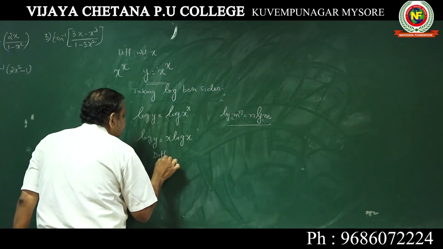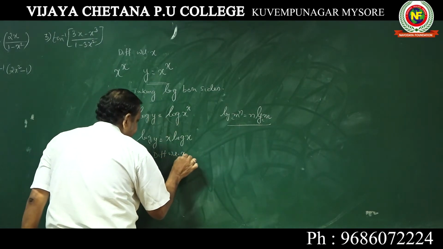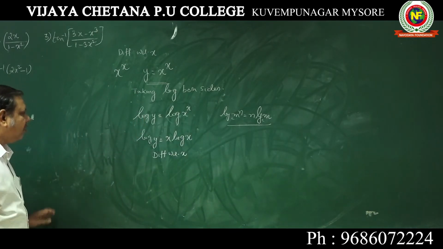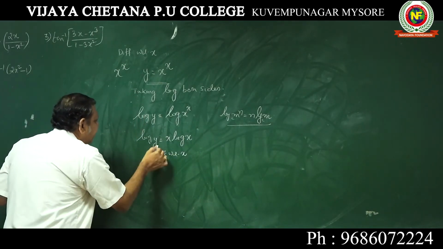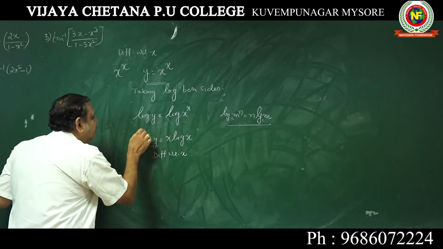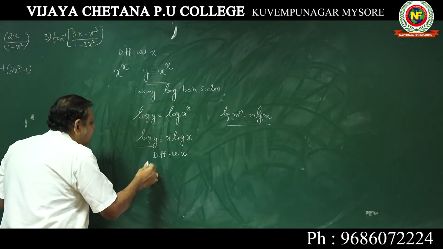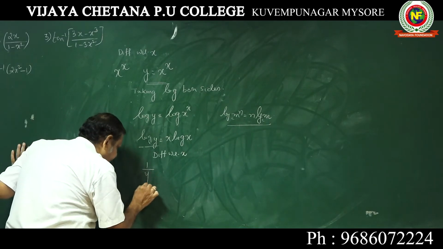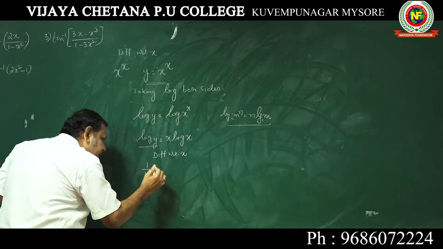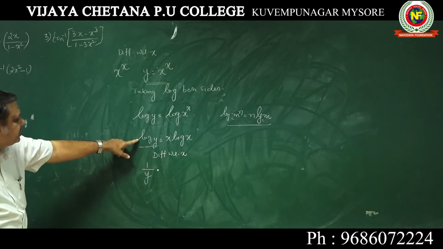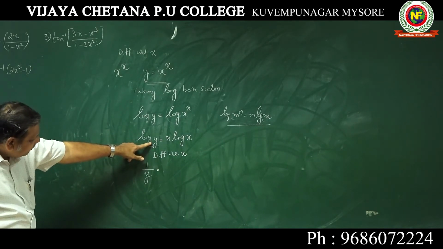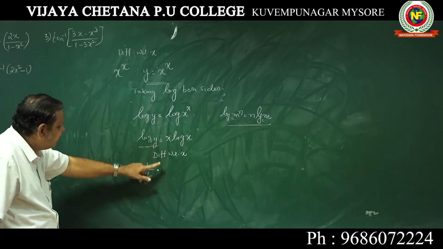Differentiate with respect to x. Now when you differentiate the left side, the differentiation of log x is 1 by x. Here instead of x, y is there, so 1 by y. Here it is an implicit function: whenever you differentiate y, after differentiating the y variable, you should put dy by dx.